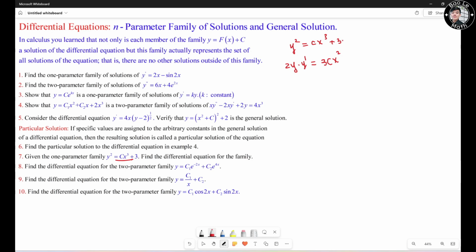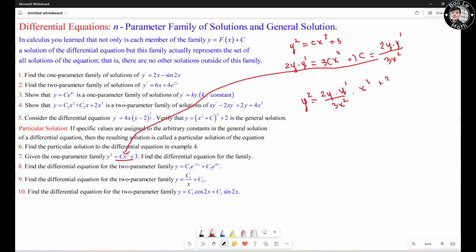The derivative of this equals 0. Now I need to solve for c, so I have c equals 2y times y prime divided by 3s squared. I substitute back into this equation, so I have y squared equals 2y times y prime over 3s squared, times s cubed plus 3.